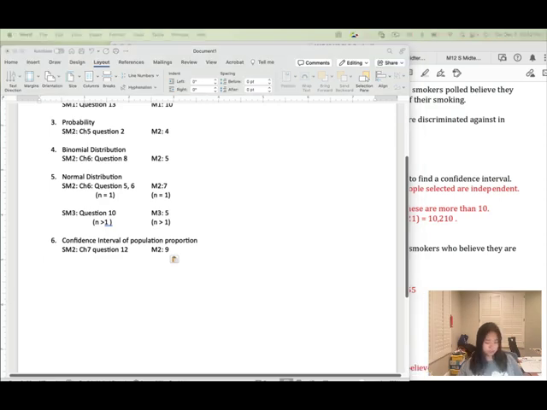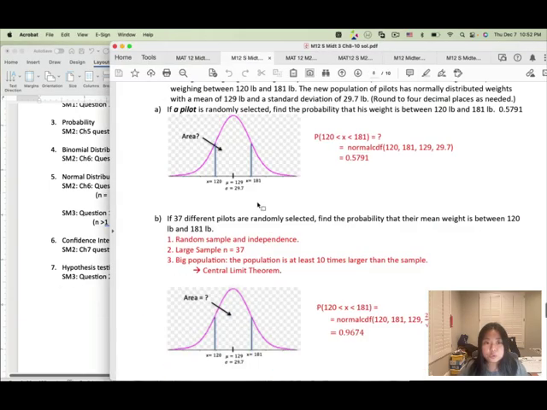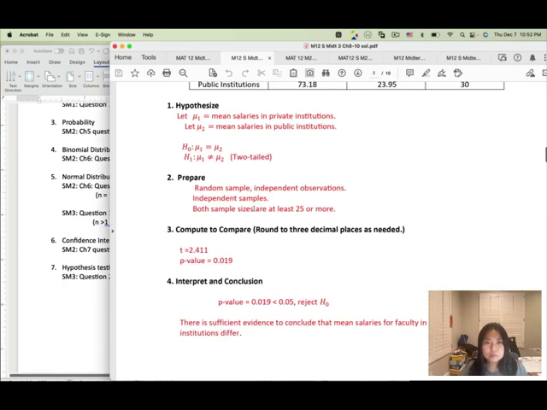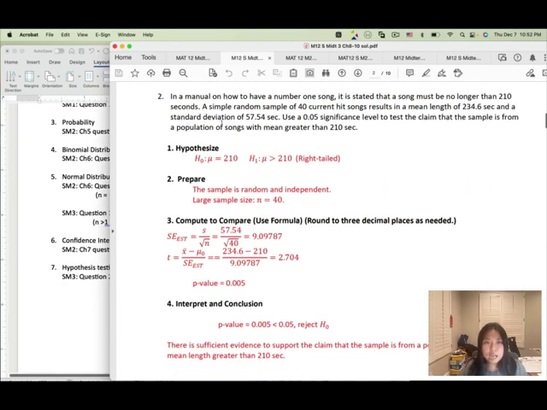Number 7. Hypothesis testing for population means. So look at the sample midterm 3, question 2. Okay, hypothesis testing for population mean. Make sure you know, are they working on the population mean or the population proportion?